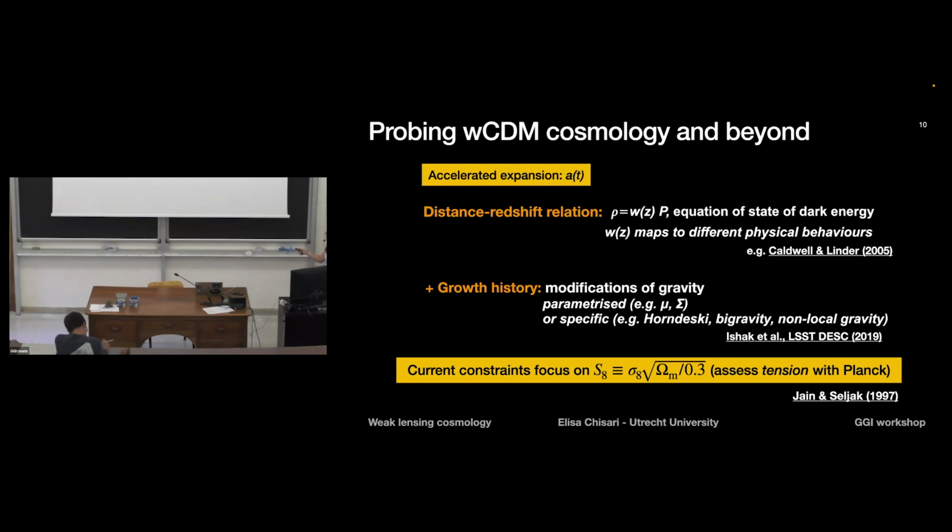So this is what we currently best constrain from the lensing data. And this is the combination of parameters that we use to assess whether there's any tension with the CMB, because the CMB is telling us what this should be from the high redshift constraints, and then we are getting a value from the low redshift, and then if there's a tension, then something happened in between.